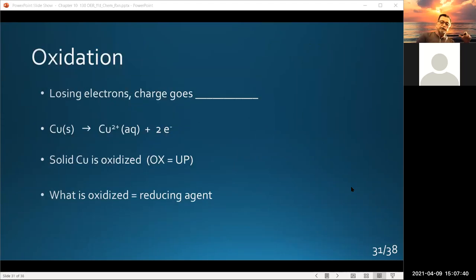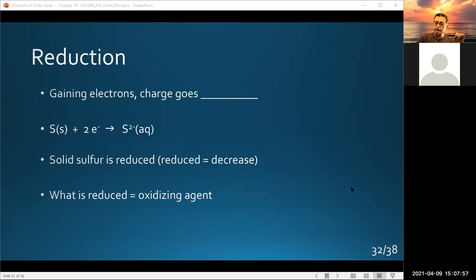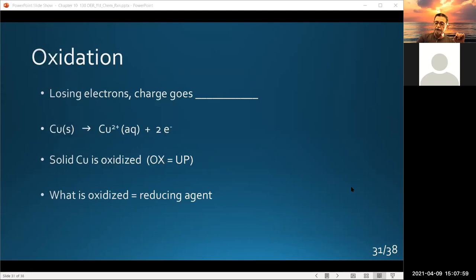All right, so oxidation, again, is losing electrons, and the charge goes up. In this example, we see that copper starts off with a 0 charge and ends up with a +2, because it lost 2 electrons. So solid copper is oxidized. When that happens, solid copper is what we also call the reducing agent.